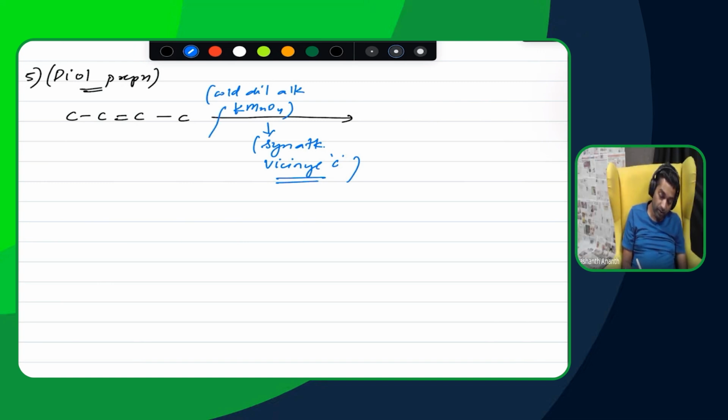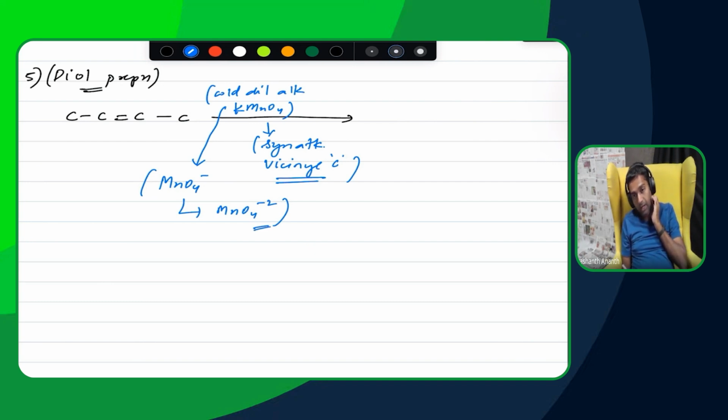In this case, MnO4 minus generally ends up becoming MnO4 2 minus. This is your reaction actually. In some even rarer cases, the MnO4 2 minus might end up becoming MnO2. This is the maximum it can go up to.